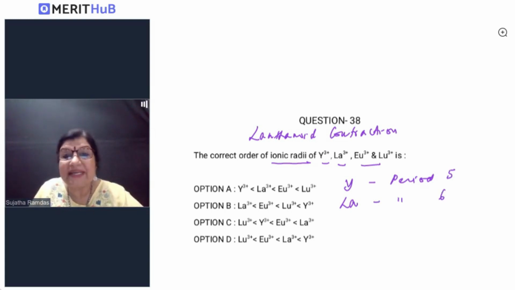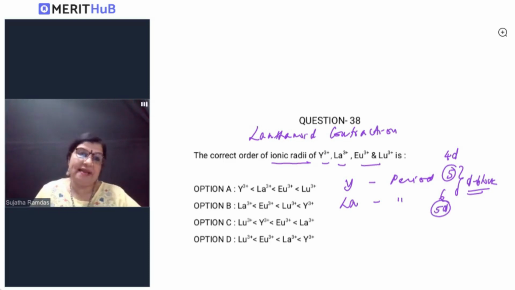Lanthanum belongs to period 6. These two are D block elements. The last electron goes to the 5d orbital in lanthanum and the 4d orbital in yttrium.